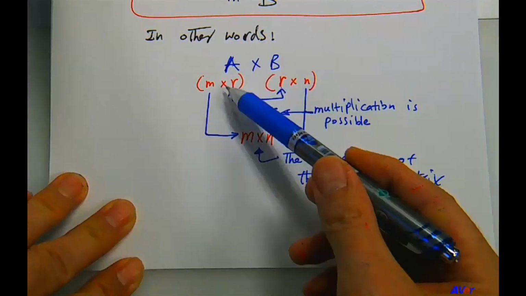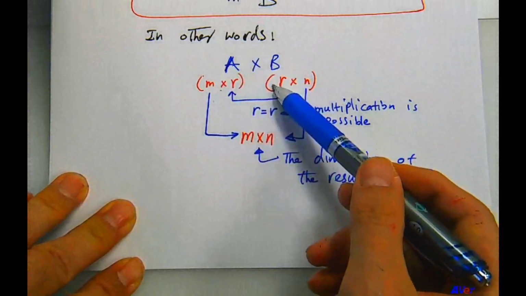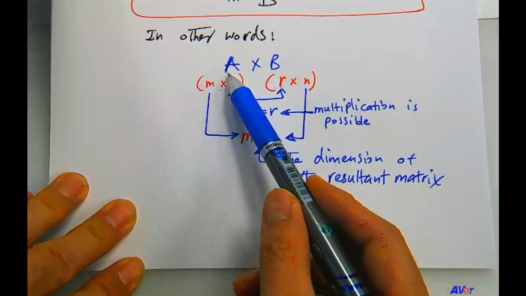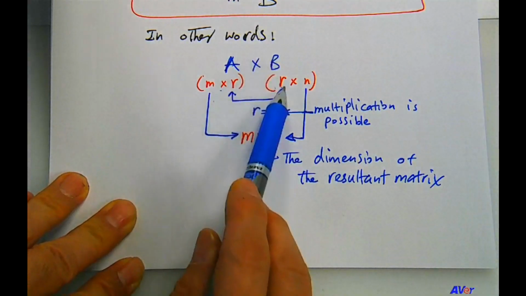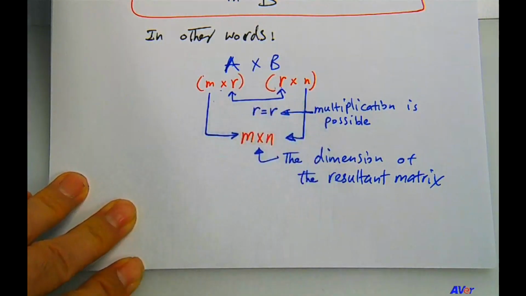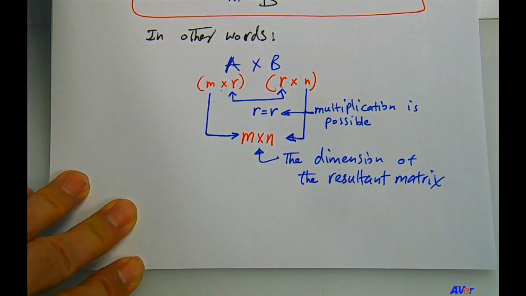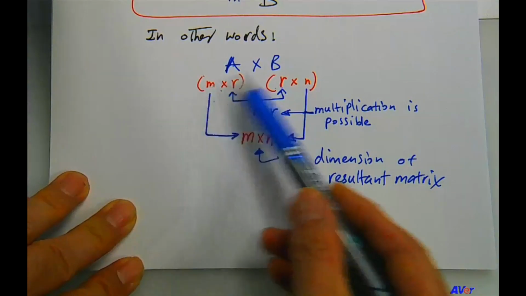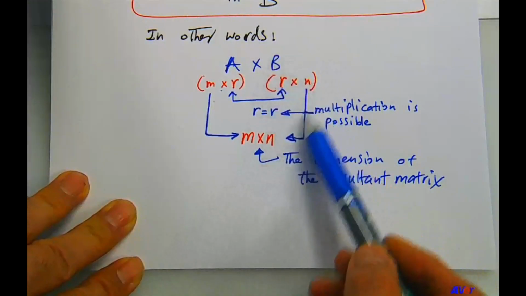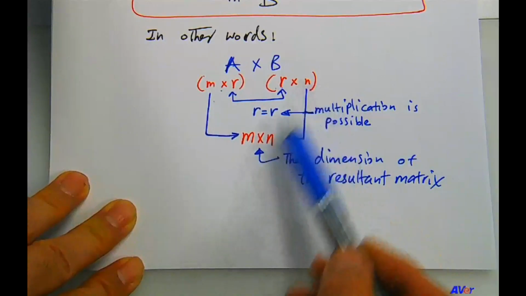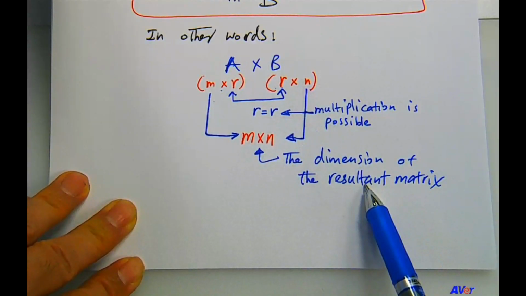So when you write down the dimensions of each matrix, make sure that the first matrix has an equal number of columns as the rows in the second matrix. That means the multiplication can be performed. And then you have to know what is going to be the dimension of the resultant matrix, in which case you look at the other numbers. The rows of A and the columns of B give you m times n as the dimension of the resultant matrix.